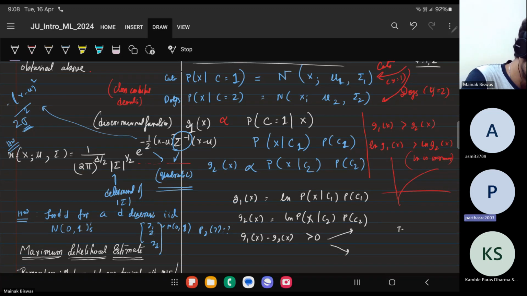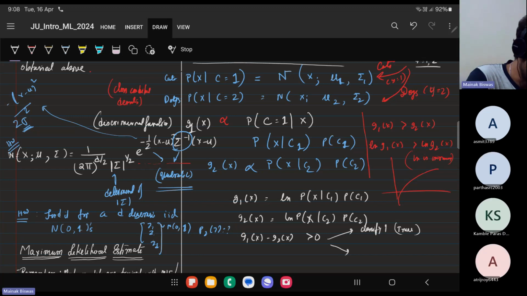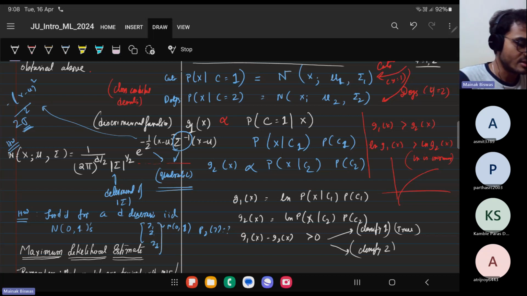Classify as 1, as the probability of 1 is greater, else you classify as 2.